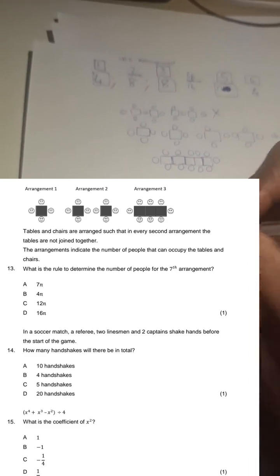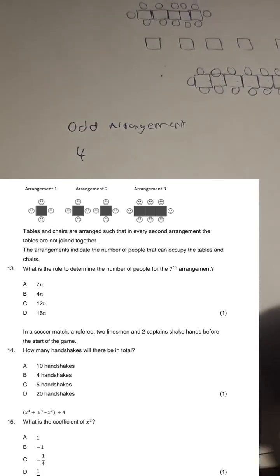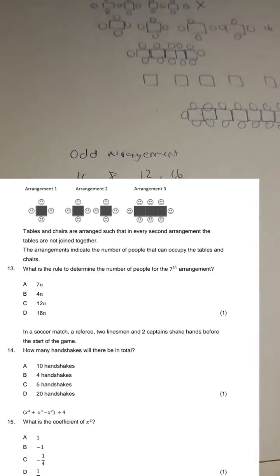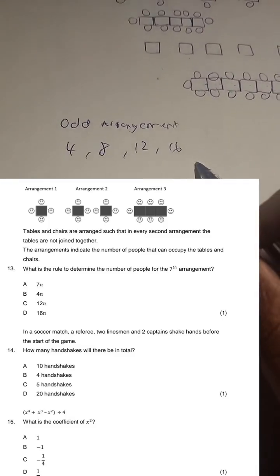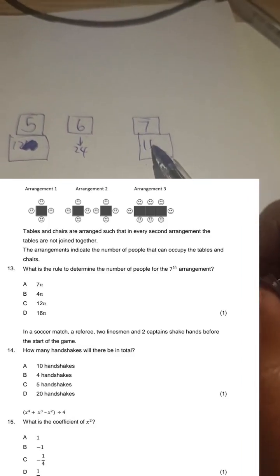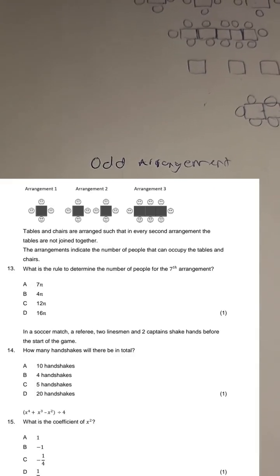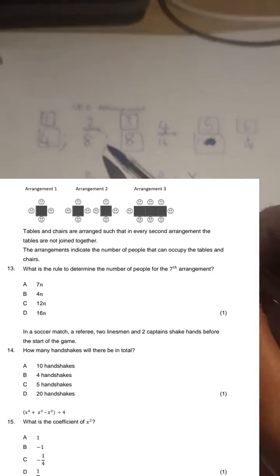Our odd arrangements give us 4, 8, 12, 16. We get a pattern from the odd arrangements. And remember, it was from the 7th. They said there, what is the rule to determine the number of people for the 7th arrangement? So that is the thing.